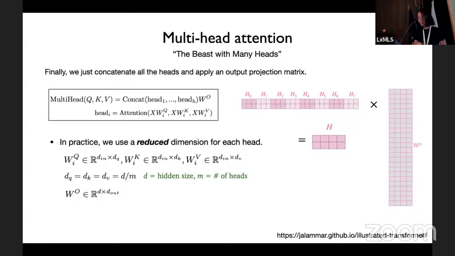If I understand the question correctly, if we only have one attention head, WQ should be just one single matrix of D_in by DQ. But because we split this into M heads, for simplicity you can think of each taking D by M dimensions.